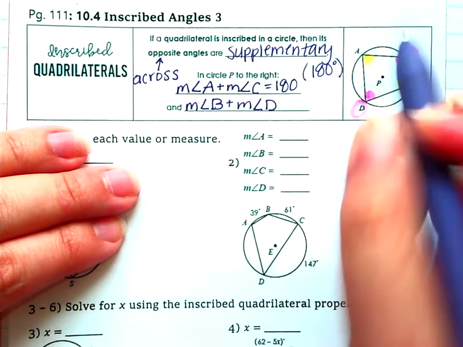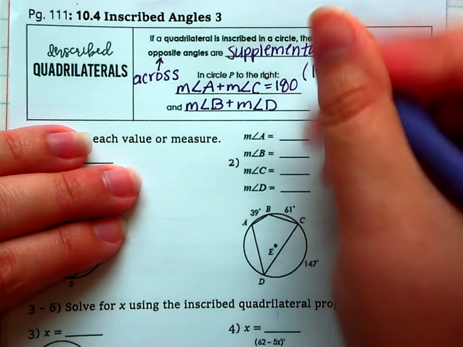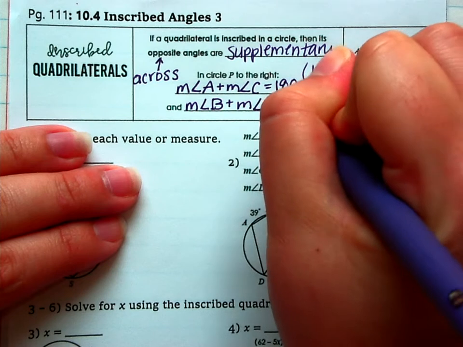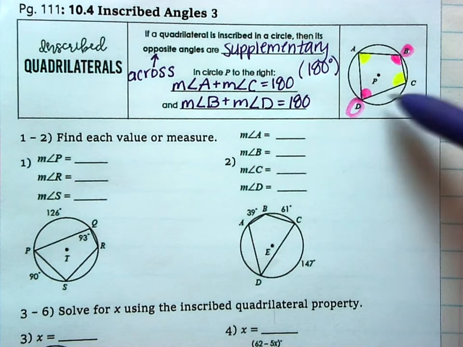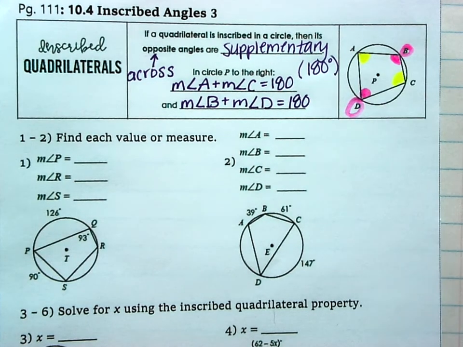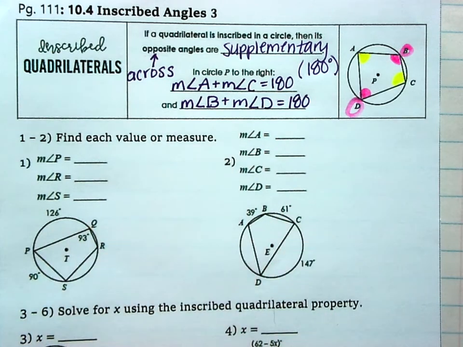The measure of angle B plus the measure of angle D will equal 180 degrees because it's an inscribed quadrilateral. So anytime you have something looking like this, as you can look at the other problems on this page, you are probably going to be adding the opposite angles to 180.